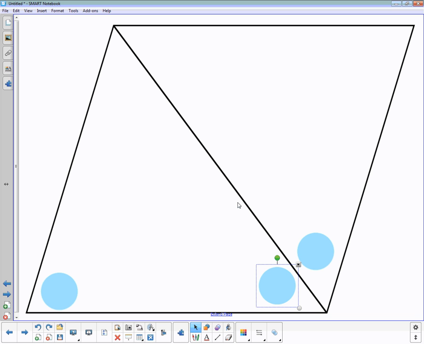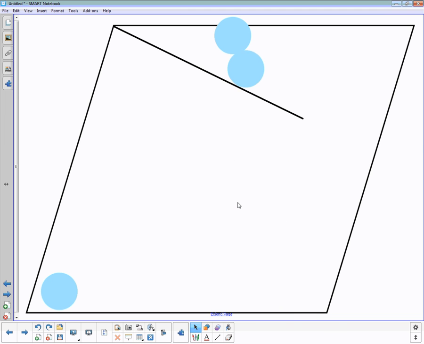Right? And if we just put all this aside for a minute, this and that, what are those? Are they congruent or supplementary? Those are supplementary.